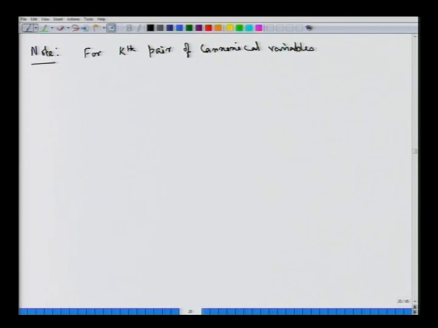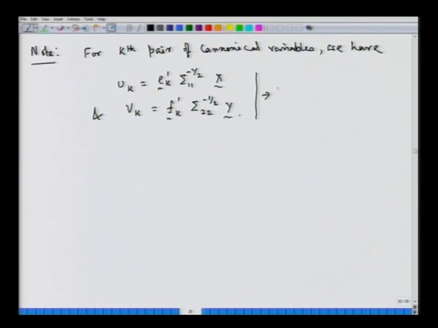For the kth pair, we have U_k given by E_k prime sigma 1 1 to the power minus half times x, and our V_k is going to be based on F_k prime times sigma 2 2 to the power minus half times this vector y, with the kth canonical correlation being the correlation between U_k and V_k, which is equal to rho k star.